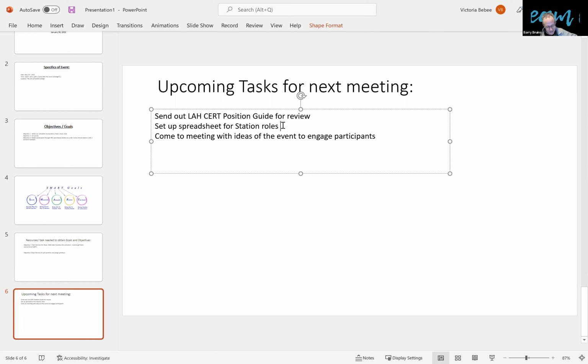If we come to a meeting together, each volunteer talks about what they think they're going to do to make the exercise interesting and how they're going to explain the role. Then we all hear each other's ideas and we refresh ourselves on the role. Okay. Does that make sense, hopefully?